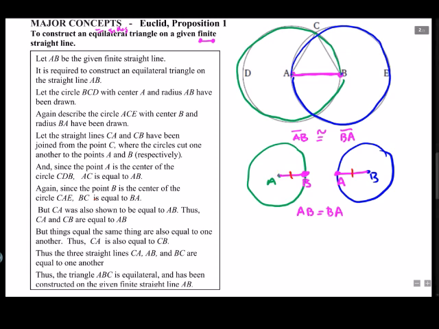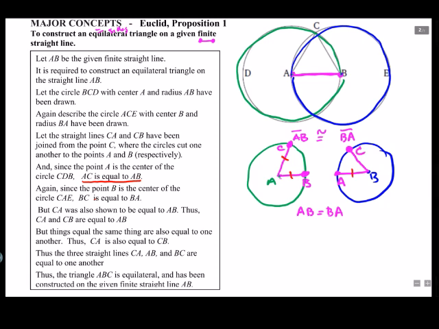Segment AB is the radius of circle A. That means I can draw another radius right here, radius AC, and what do I know about AB and AC? They are congruent. So he says that here. The length of AC is equal to the length of AB. And I can go to circle B. And I can draw another radius, radius BC.